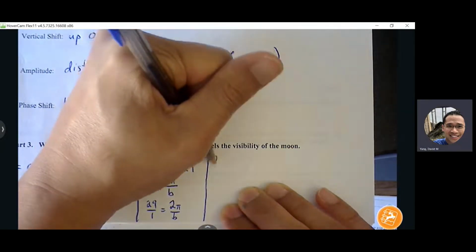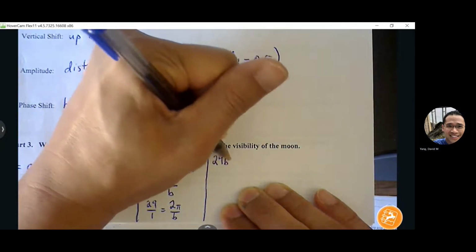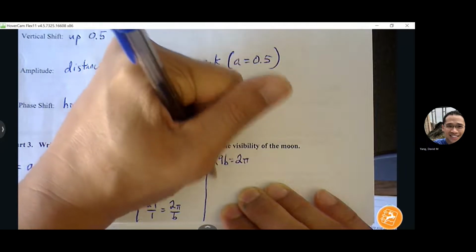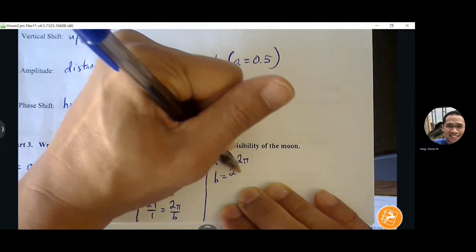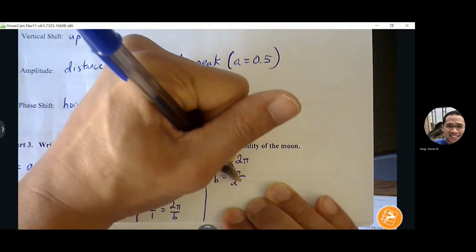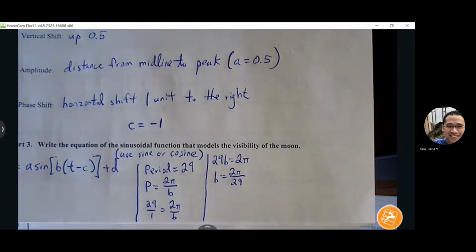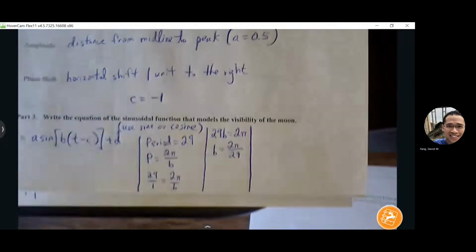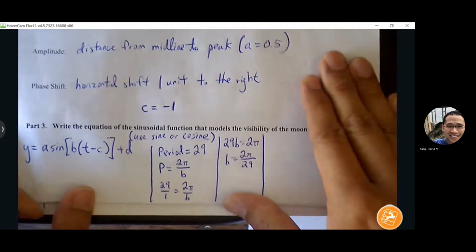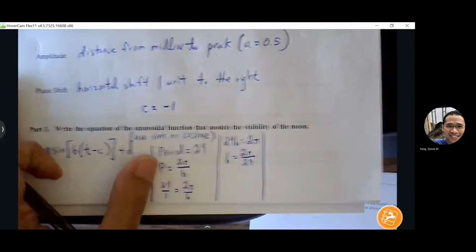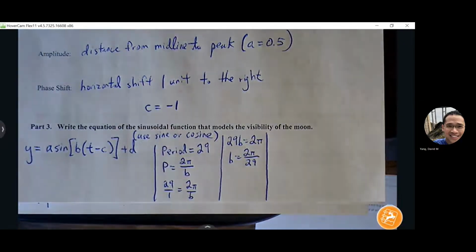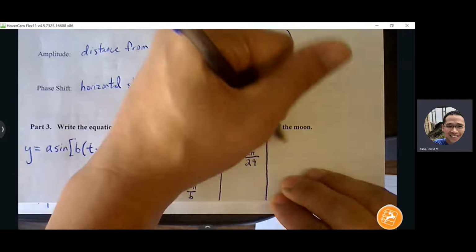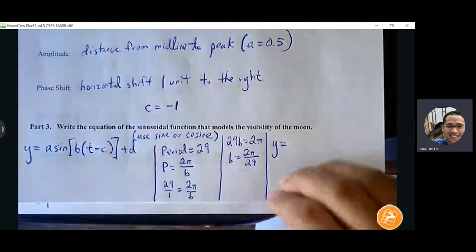Let's multiply. Okay, so fill everything in. We have everything available from what we gathered.